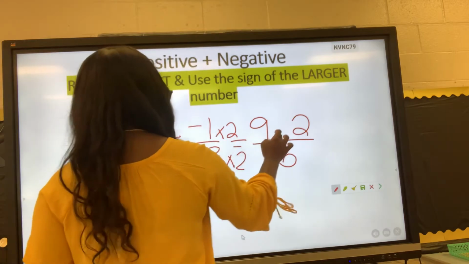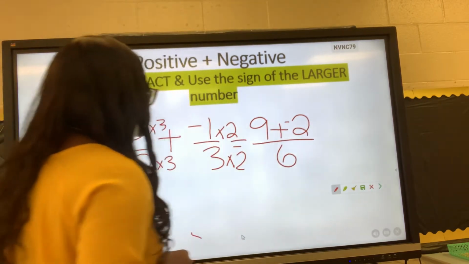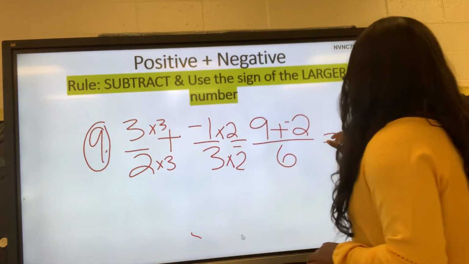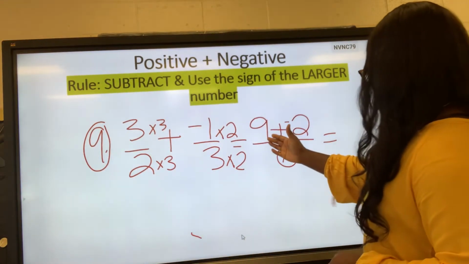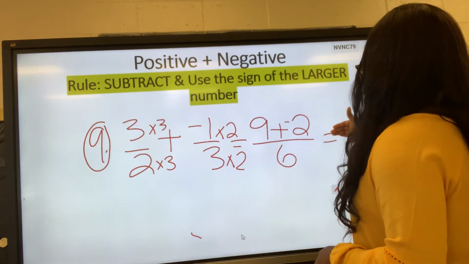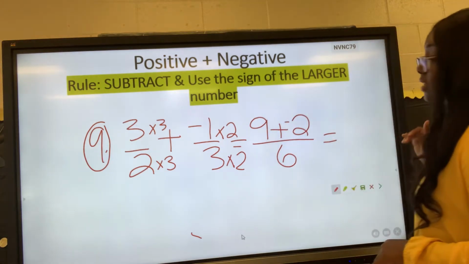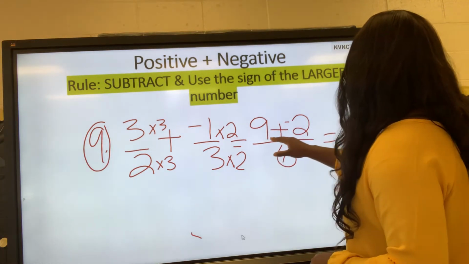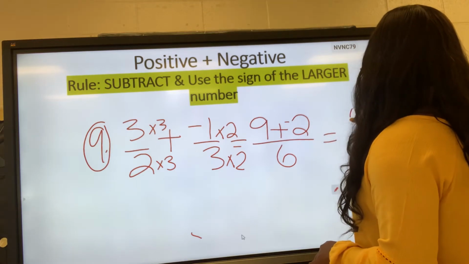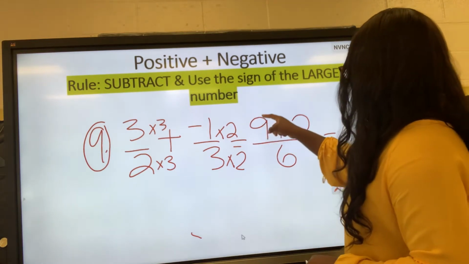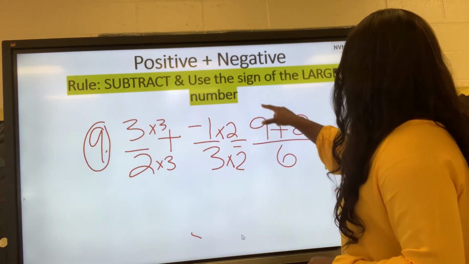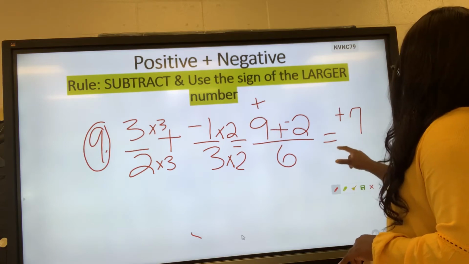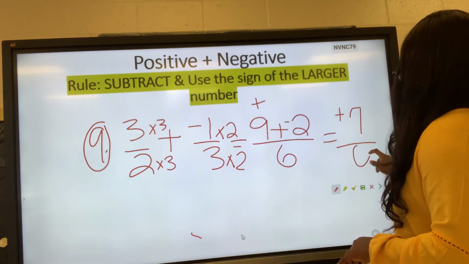Now we want to bring over both signs if you want to do it this way. If you do it this way, you still get the same answer. We know that when you are adding a positive with a negative, you subtract and take the sign of the largest number, which is what we just learned in the previous lesson. So 9 plus a -2 is going to give us 7. And 9 is the larger number, and it's also positive. So 7 is going to be positive. And then you bring over your denominator.